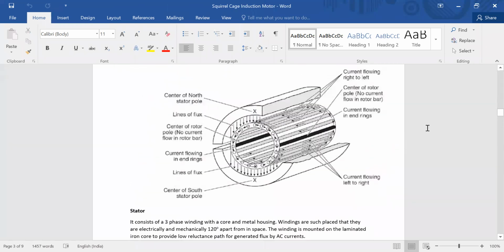In the stator, obviously the core will be there, and the winding is placed on it. So when we talk about the stator, it consists of a three-phase winding, because these three phases are displaced by an angle of 120 degrees.